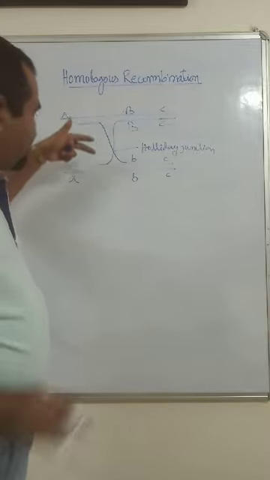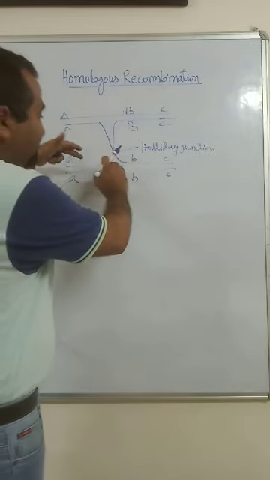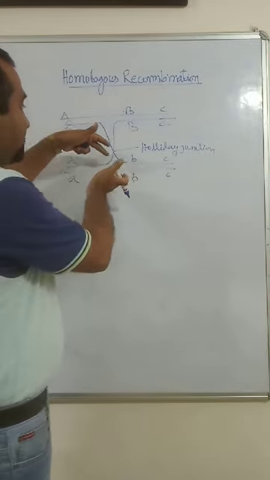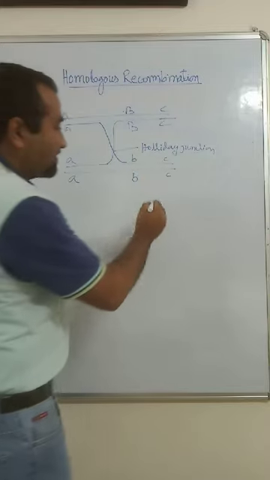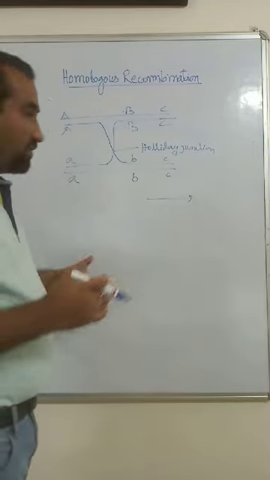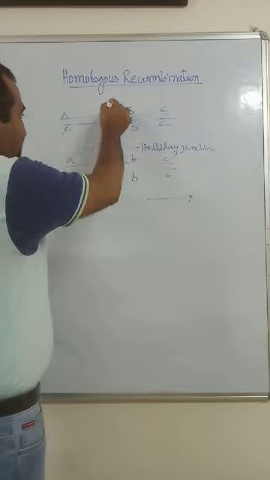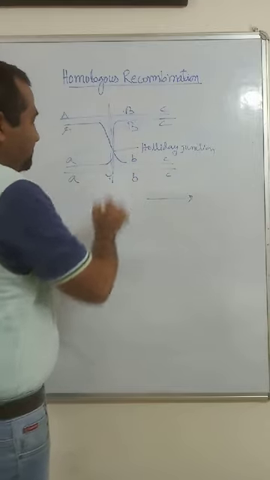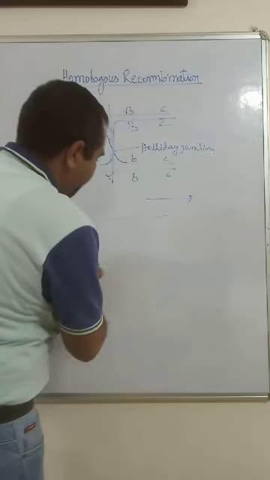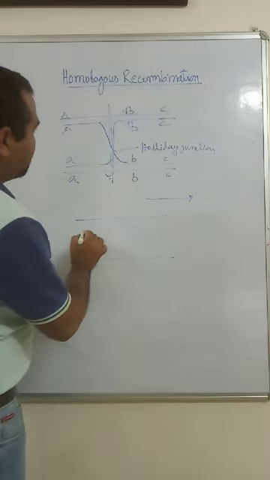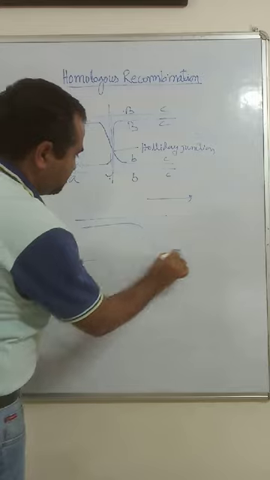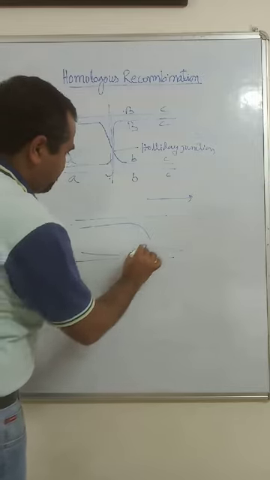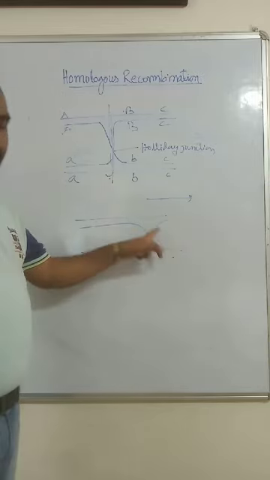So as this base pairing will progress in the right direction, what we observe is that if initially this cross-like condition is at this point, after some time we will observe that this cross is at this point.